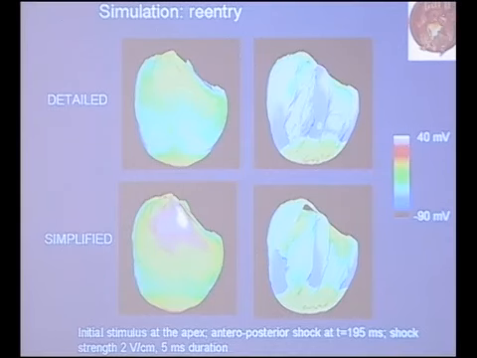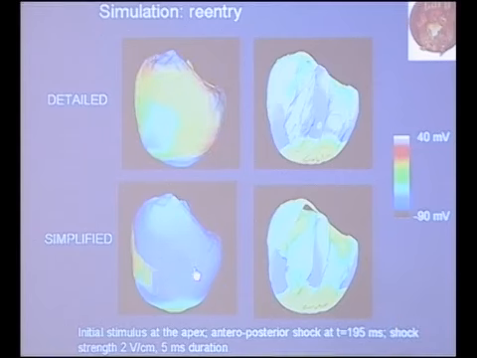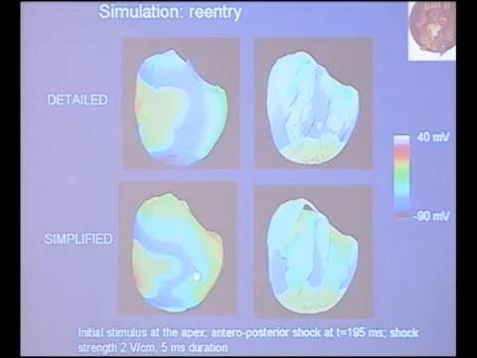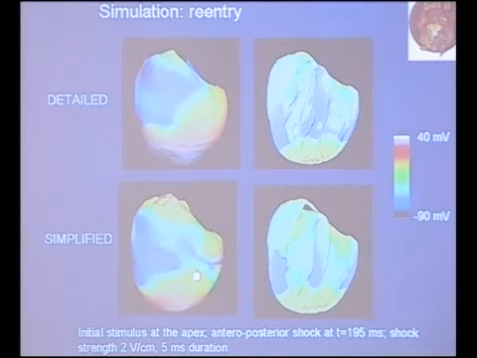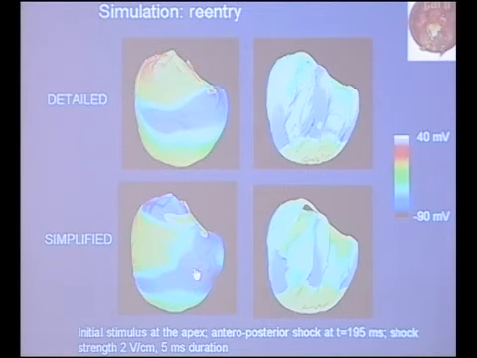We are applying a simulation of a re-entry, both to the detailed and to the simplified model, by an initial stimulus at the apex and then an anterior-posterior shock. And we also see very clear differences between the detailed and the simplified model. In the detailed model, we get a very clear, well-organized single wave.